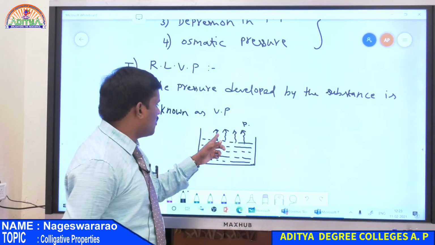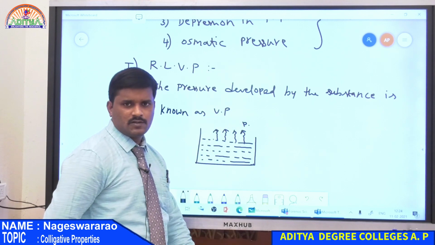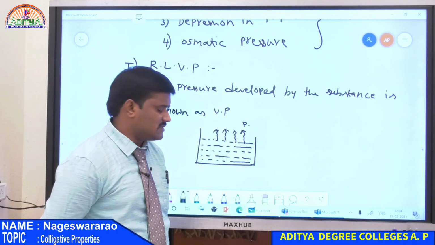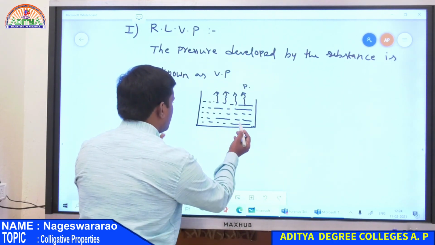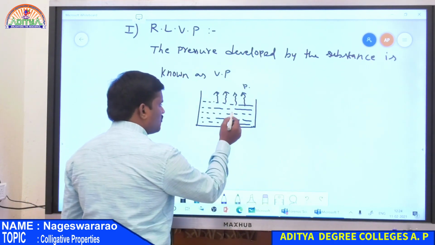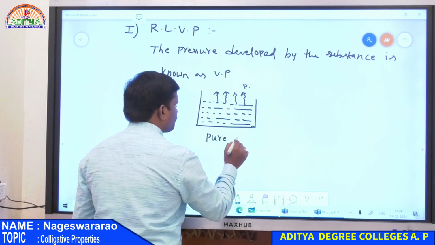So how much pressure is developed by this substance on the atmosphere? That is known as vapor pressure. This is a pure solvent, that is, there is no solute. If it is water, then this is nothing but a pure solvent.